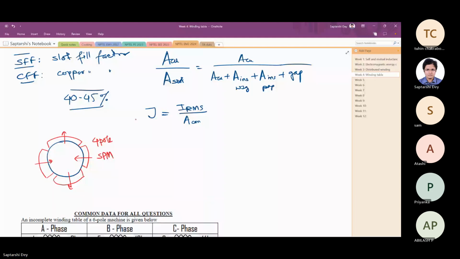You might have heard these terms, I don't know. You can put the magnets inside also. So this is called IPM, interior permanent magnet.